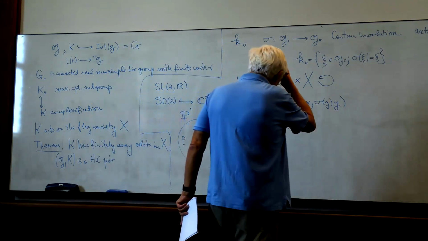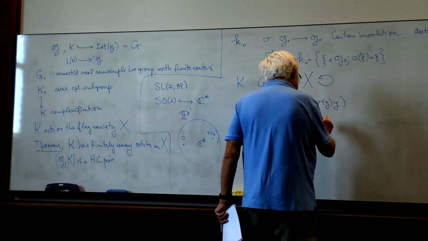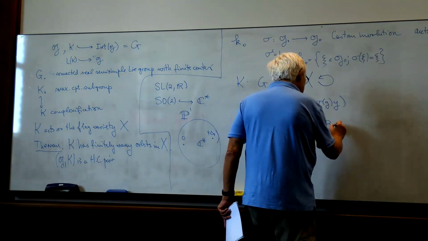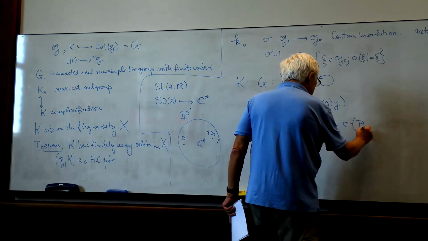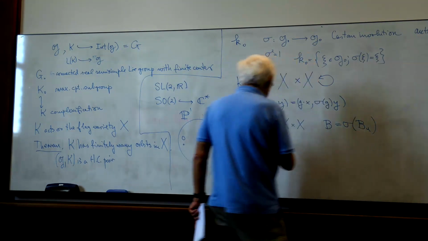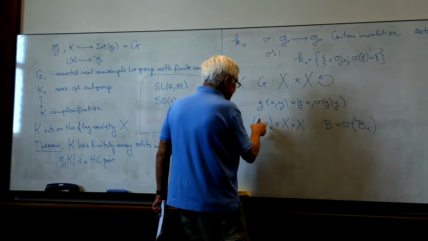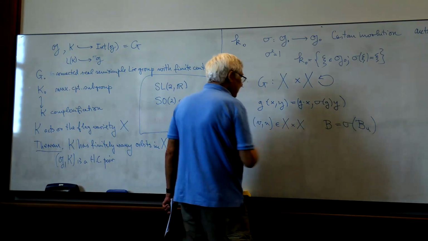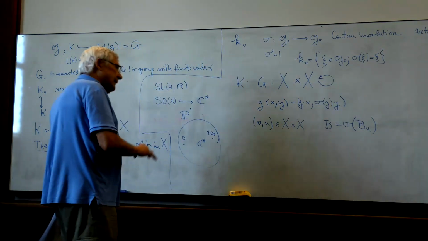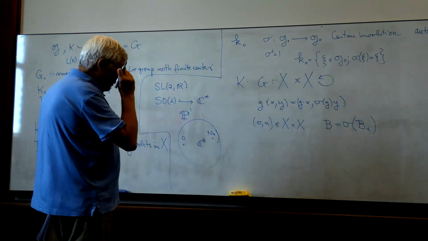But to check the orbits, I consider E to be the sigma applied to B of U. B of U is the Borel subgroup in G corresponding to the point U in the second copy, and I twist it by sigma.